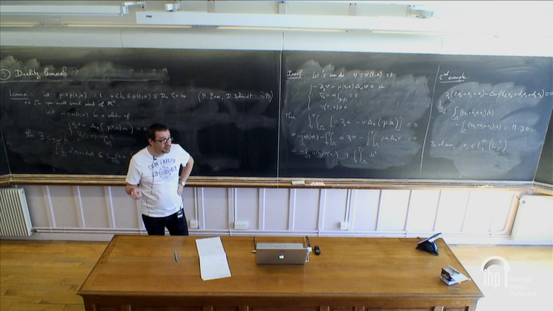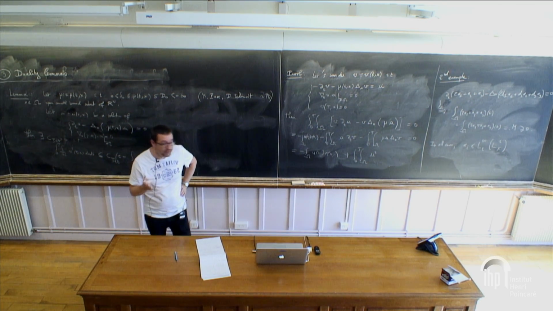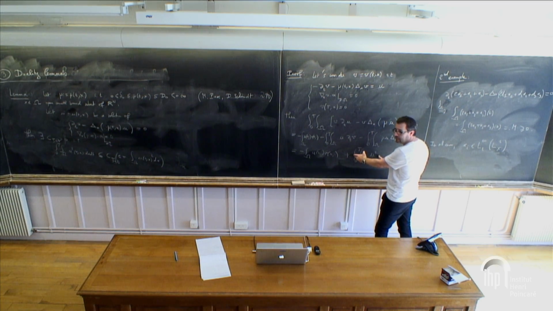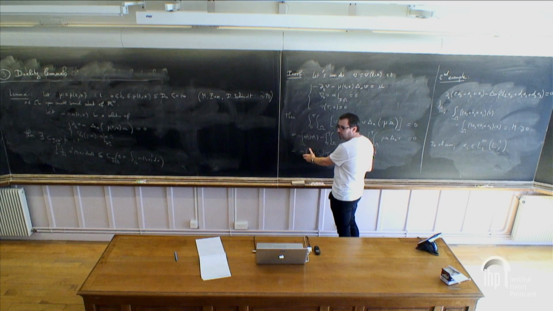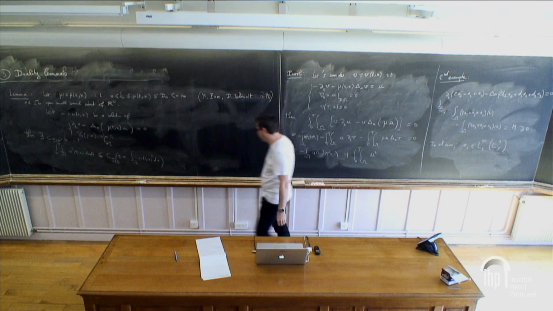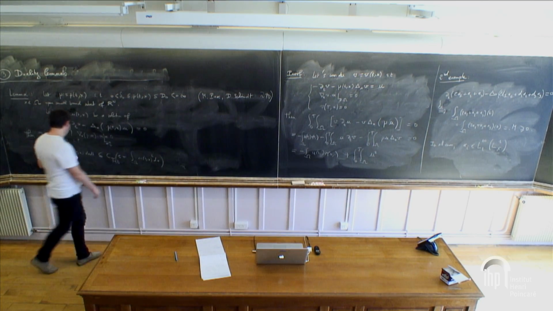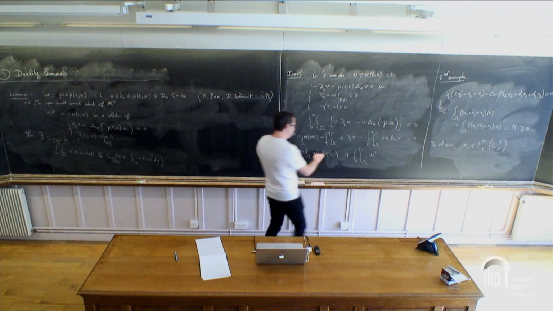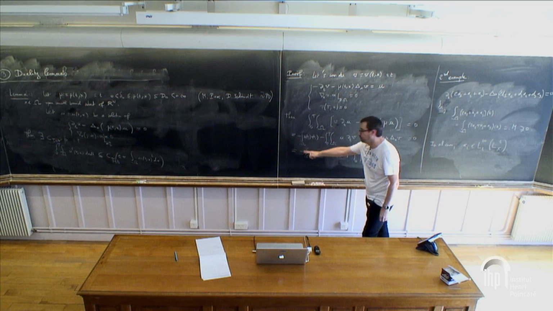Well, anyway, what you see is that at the end of the day, if you want to know that this quantity is finite, you just have to prove now that this quantity is finite. Okay? Since this is what you want to prove, now we have to work on this quantity here.